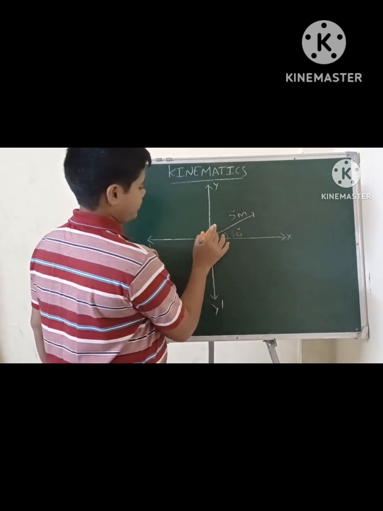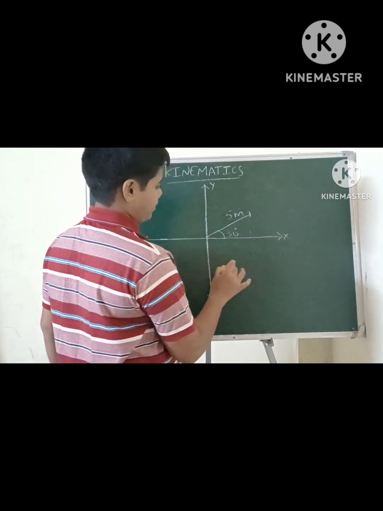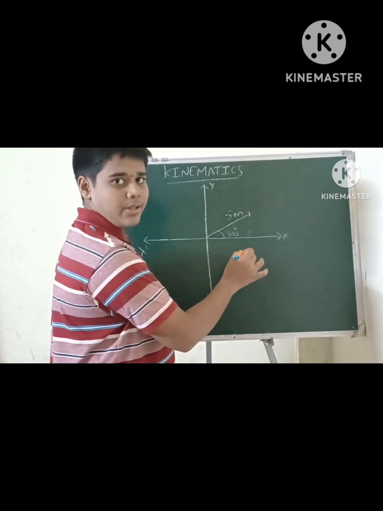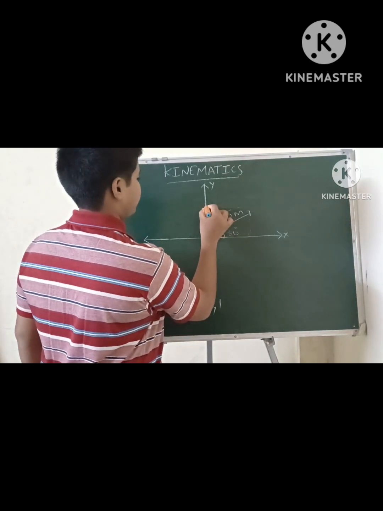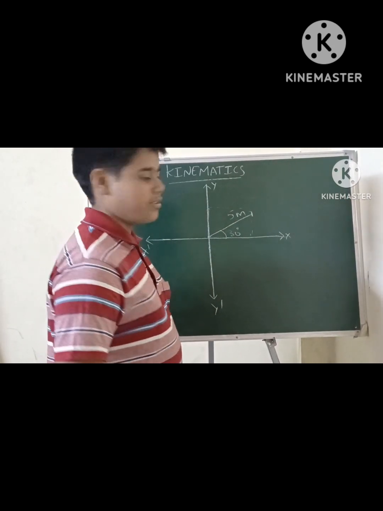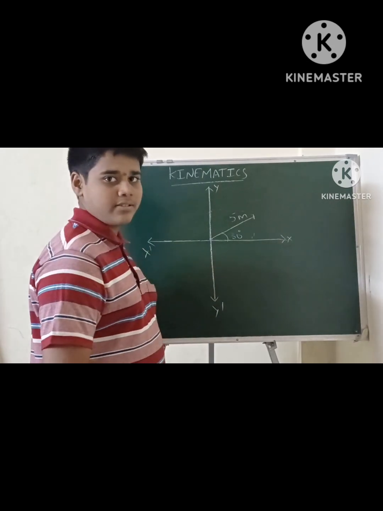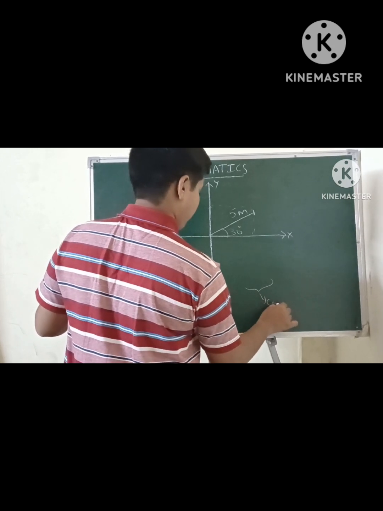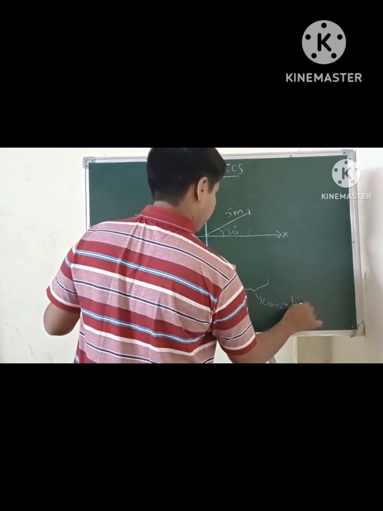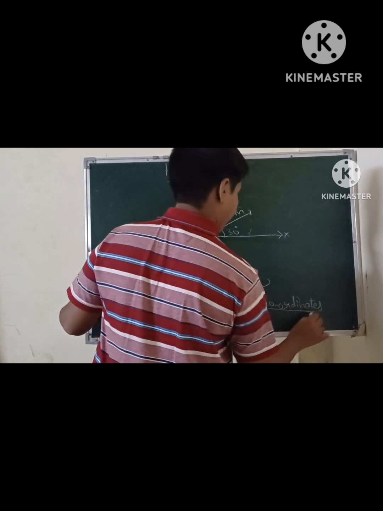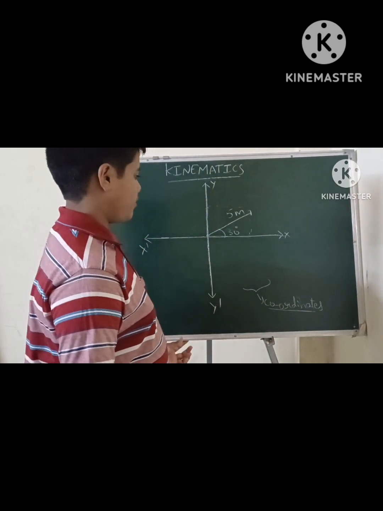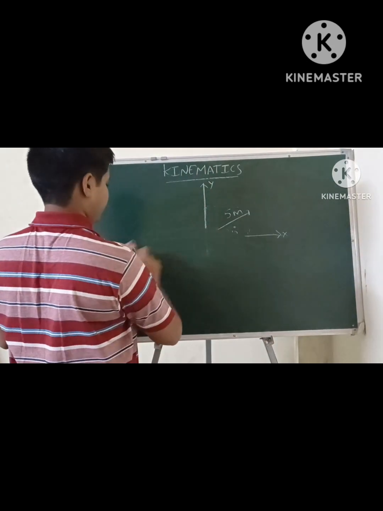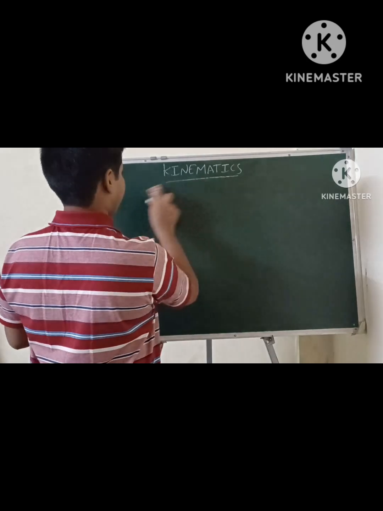So according to vectors, we already learned parallelogram law of vectors or resolution of vectors. Here this is the resultant. We can find easily this vector and this vector also. Okay? So this is the main importance of coordinates. So these two are basic concepts before going to kinematics.